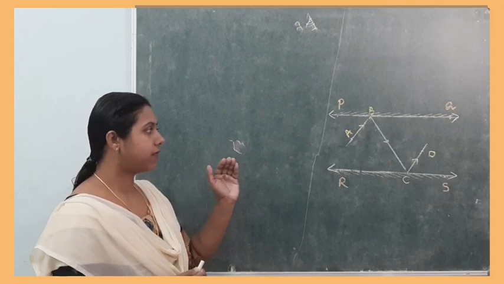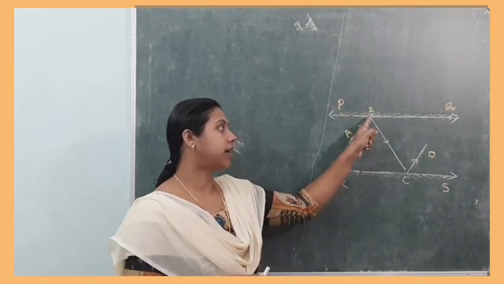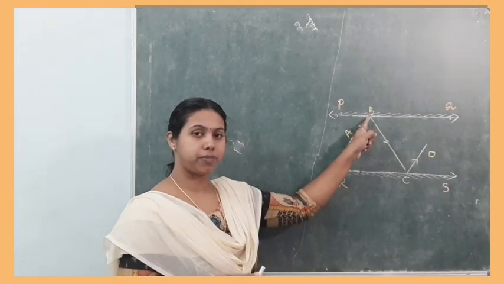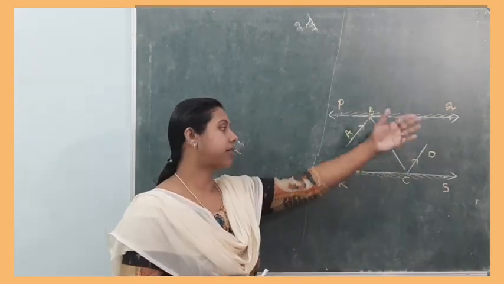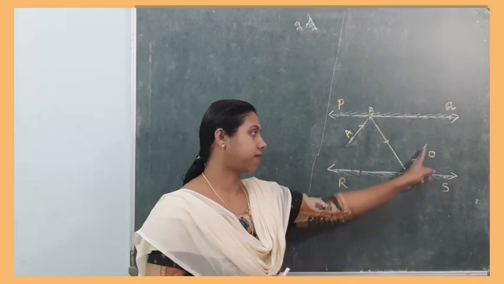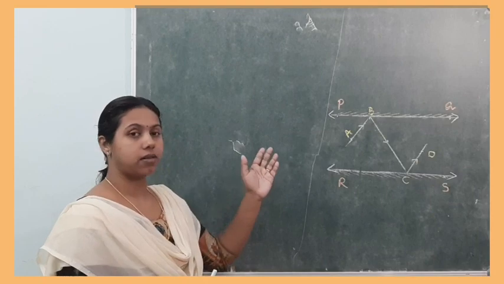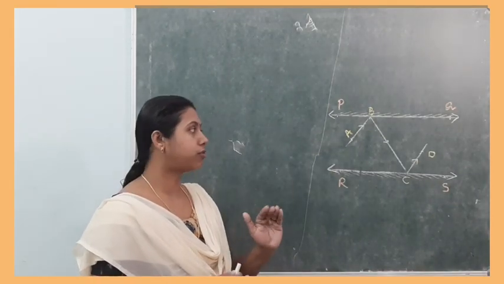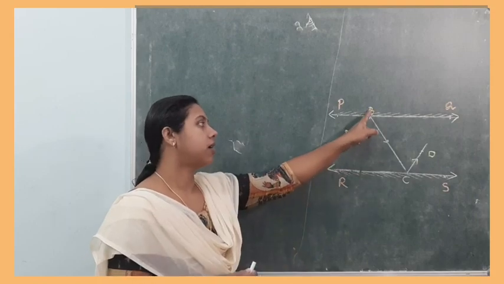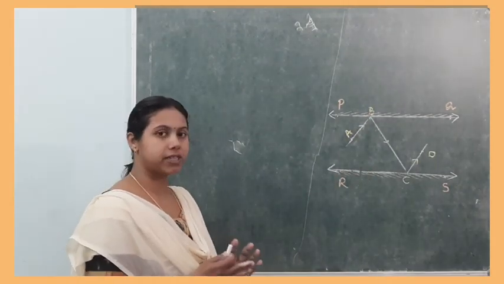So it's given for you AB is the incident ray that touched the mirror at the point B, then reflected through the path BC. Again it reflected as reflected ray CD. So to solve this problem, first of all you have to draw the normals to the mirrors. Normal means the perpendicular line.